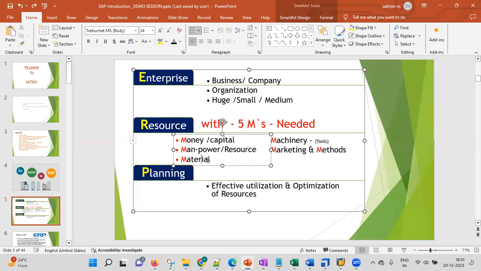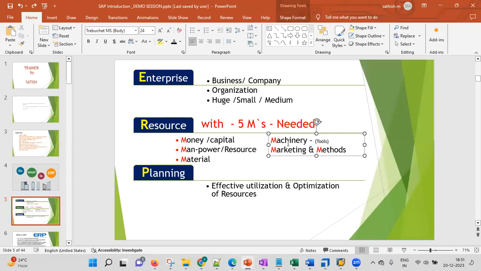Then after that, there is a process on that raw material. Some processes can be done manually, some with the help of machinery, like CNC machines. So machineries are required. That's what we call the tools or machineries.